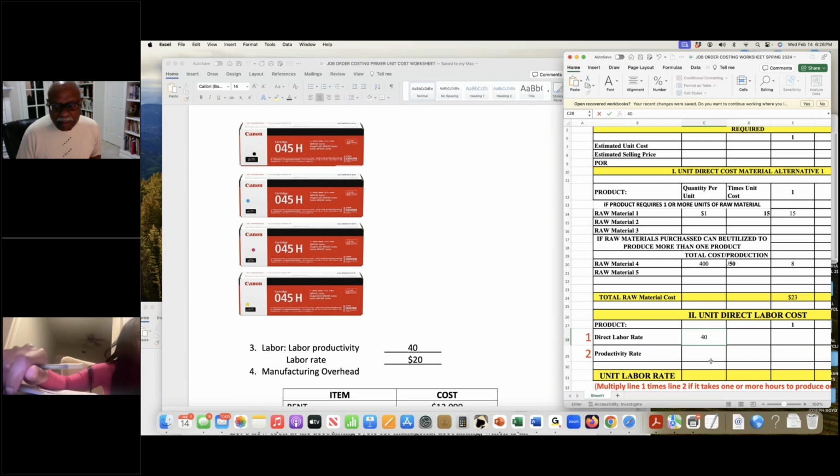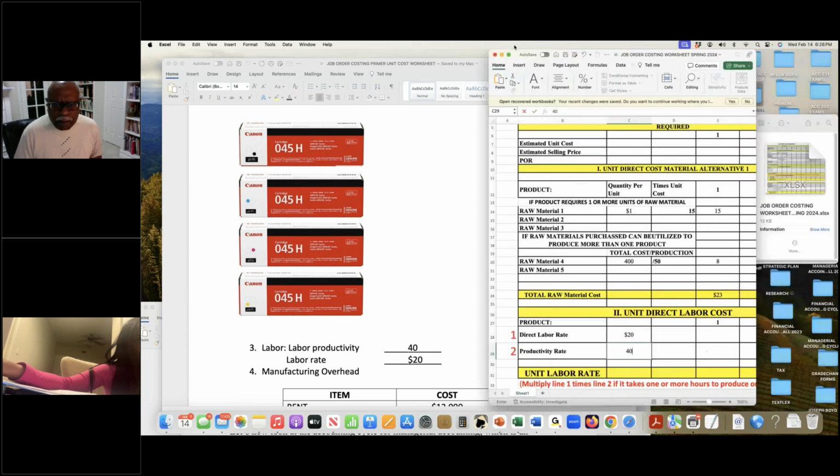So if they can make 40 items in an hour and I pay them $20, how much of that goes into 1 book? I'm going to divide 40 into 20, and I'm going to come up with a unit labor rate of 50 cents.